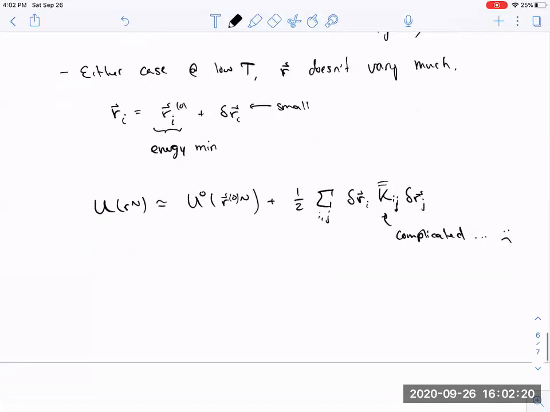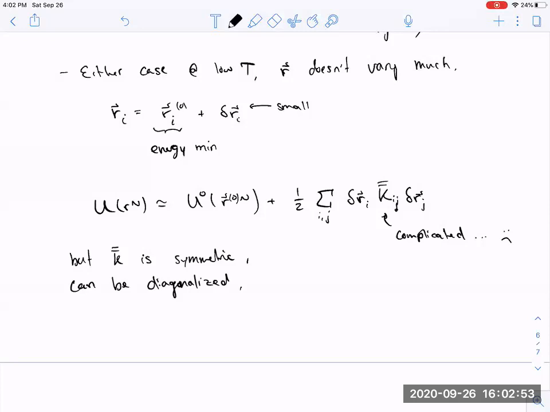But we know that whatever this K is, it's symmetric. And so if it is symmetric, it could be diagonalized. If it's diagonalized, we would have a set of eigenfunctions and eigenvalues.